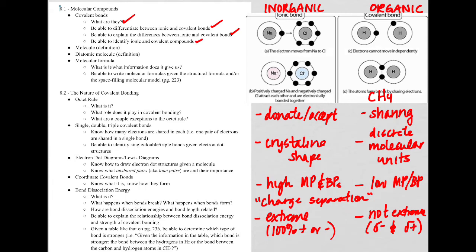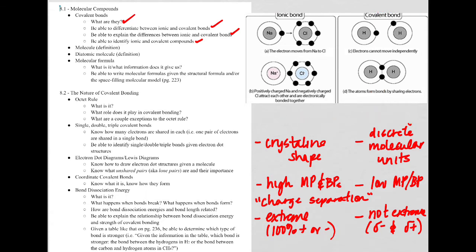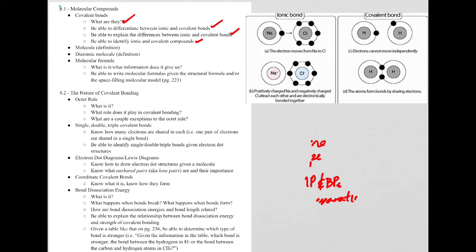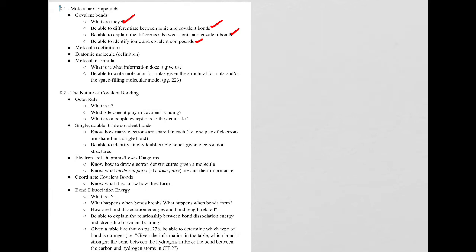I'm going to give you a list of different compounds, like you got on some of the homework questions, and you're going to need to know which ones are ionic and which ones are covalent. I'm not going to go over that right now because I feel like you all do all right with it. If you do need work on that, you should get on that.